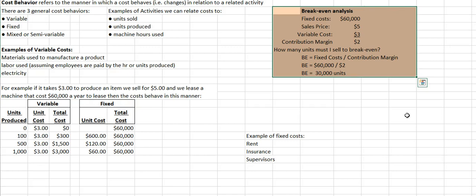And it's also impossible to do other analysis, okay? So there are going to be other videos that are linked to cost behavior. We're going to explain absorption versus variable costing. And as I mentioned a little earlier, I am also going to explain a little bit on the cost flow process, okay? So, thanks.